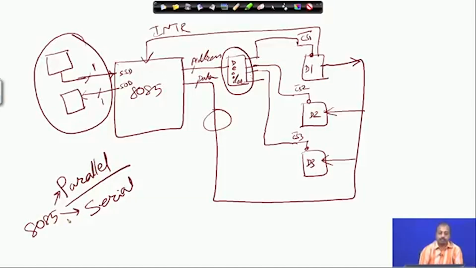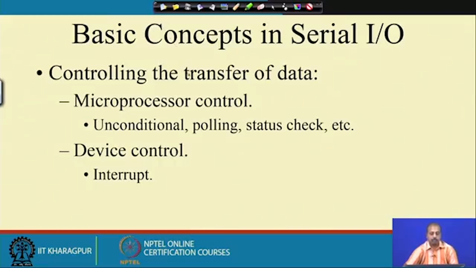This parallel communication can again be classified into classes for the transfer of data. It can be unconditional, which means that whenever the processor feels like it, it will transfer the data to the device.